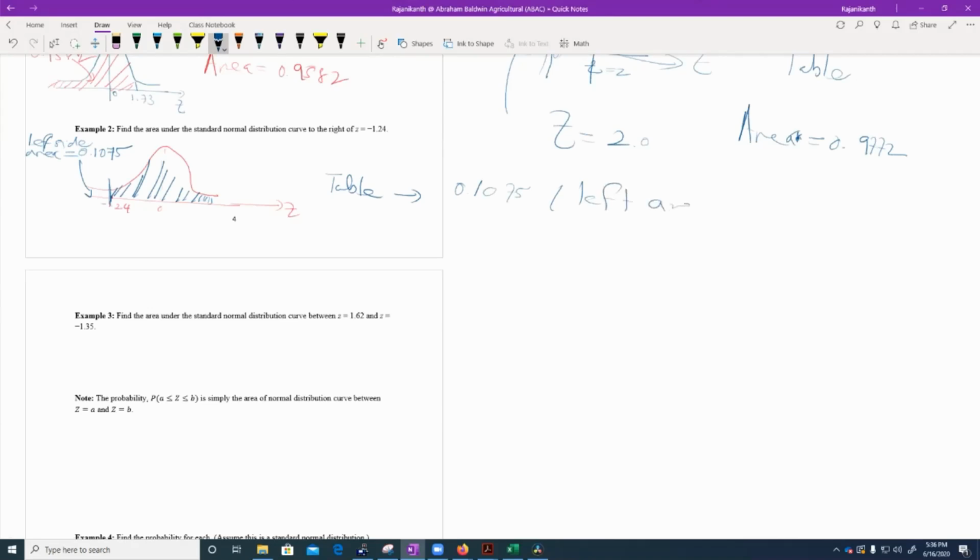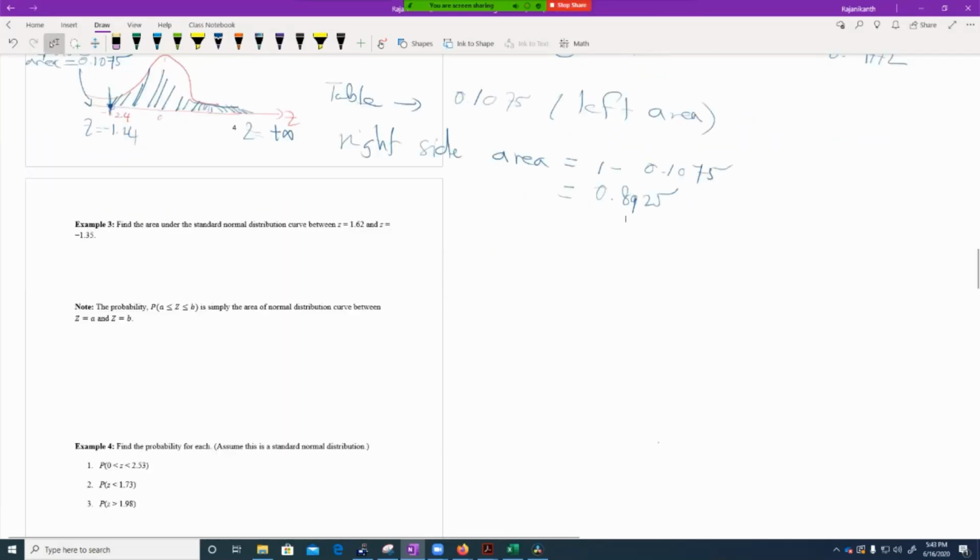To find the right side area, simply subtract that left side area from the total area. The total area is 1. Therefore, you subtract that 0.1075 from 1. Then you will get the right side area. So that is the area I wanted.